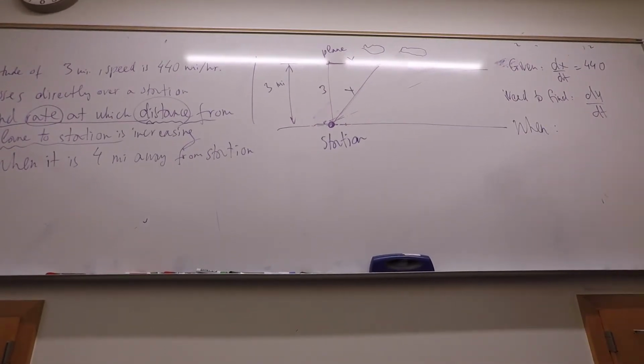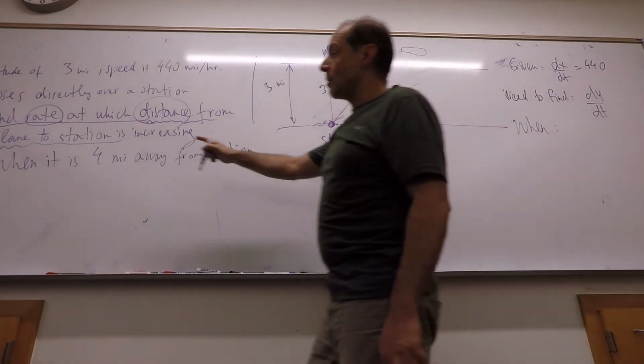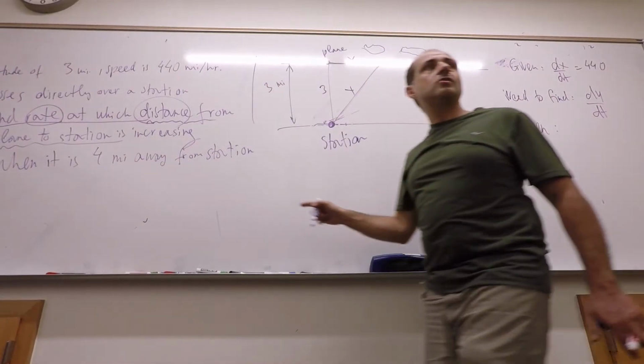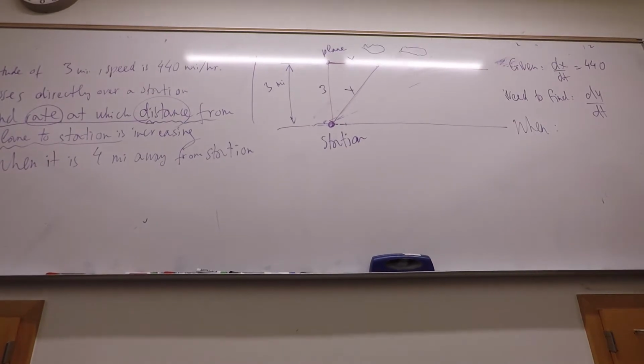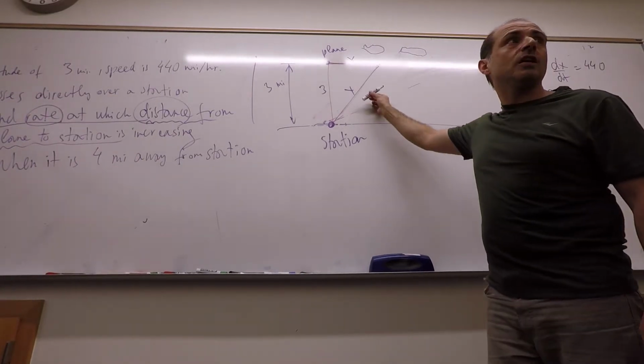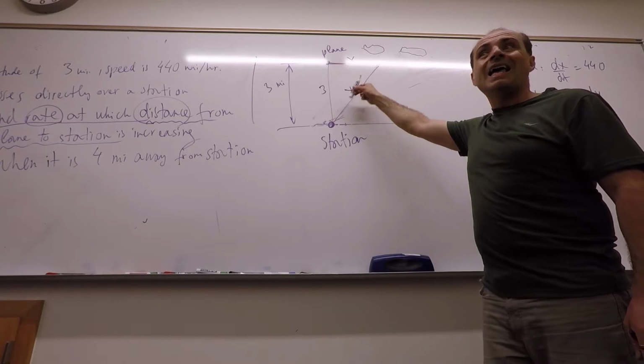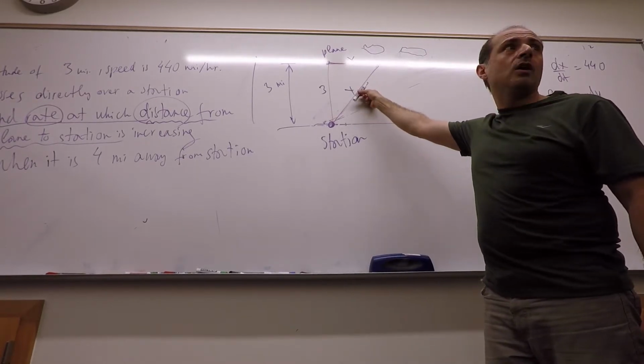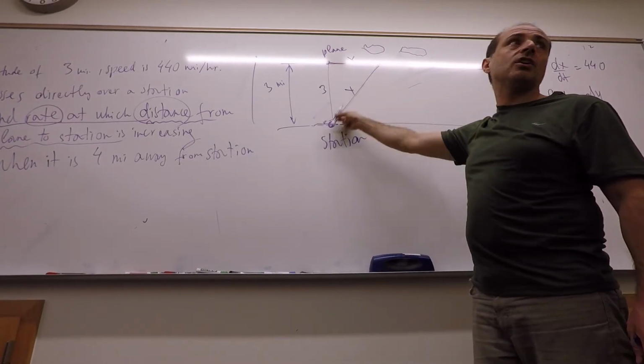After 4 miles, when it's 4 miles away from the station, so that is y. This y is changing. It was 3, becomes more and more. At the instance when this becomes 4, we want to know how fast this is changing.